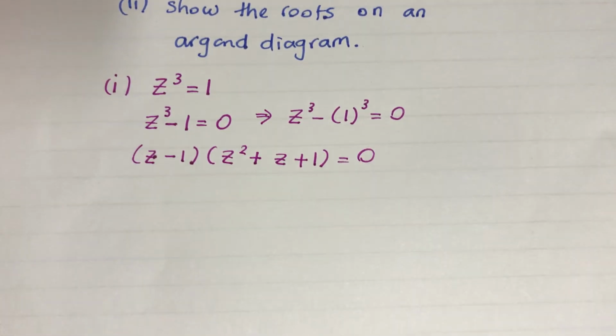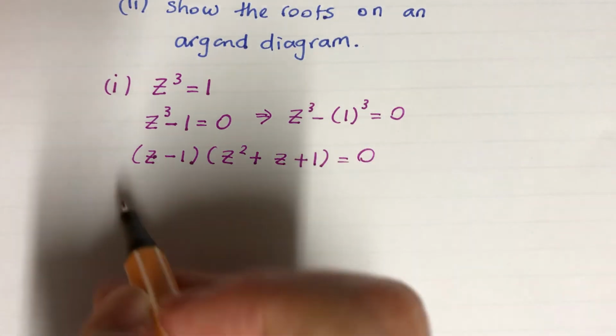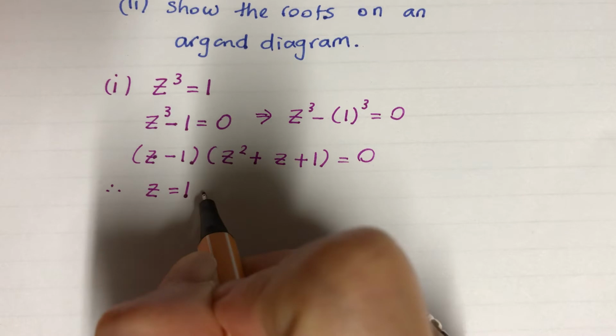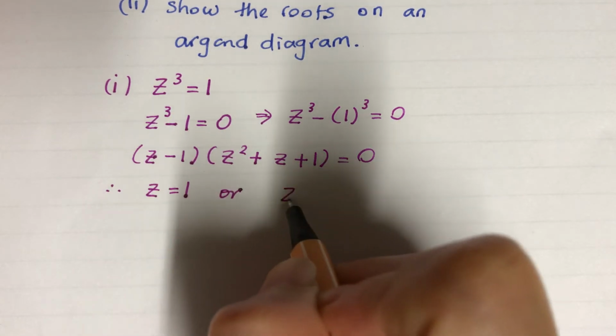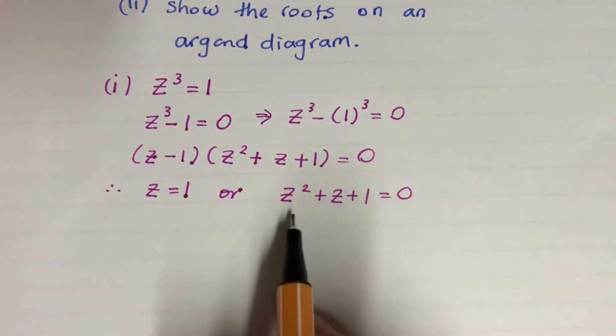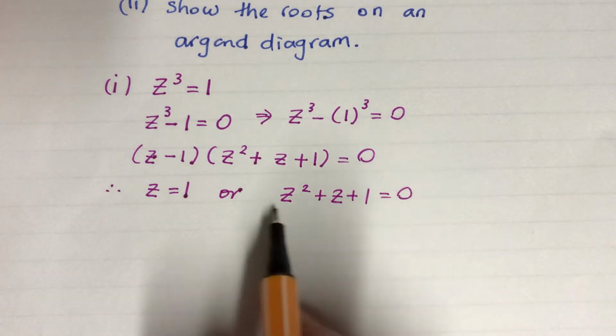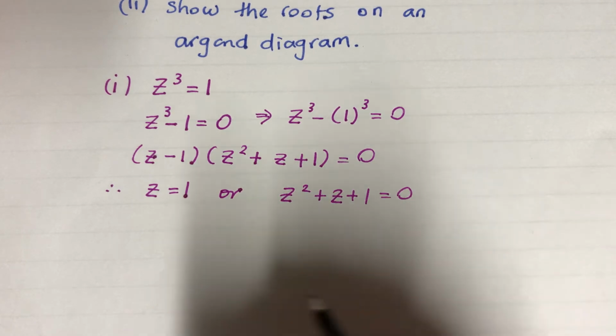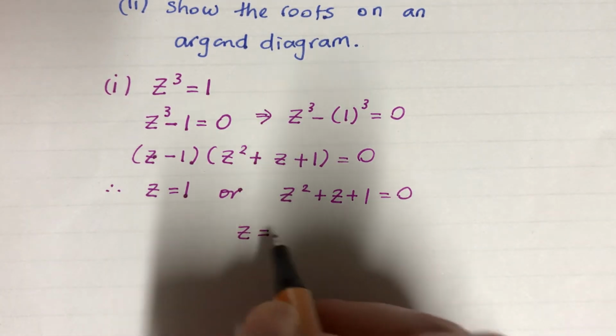Okay, and therefore z equals 1, or z squared plus z plus 1 equals 0. We can't really factorize this, so we have to use the quadratic formula here because it's a quadratic equation. So I'm going to continue on this one.